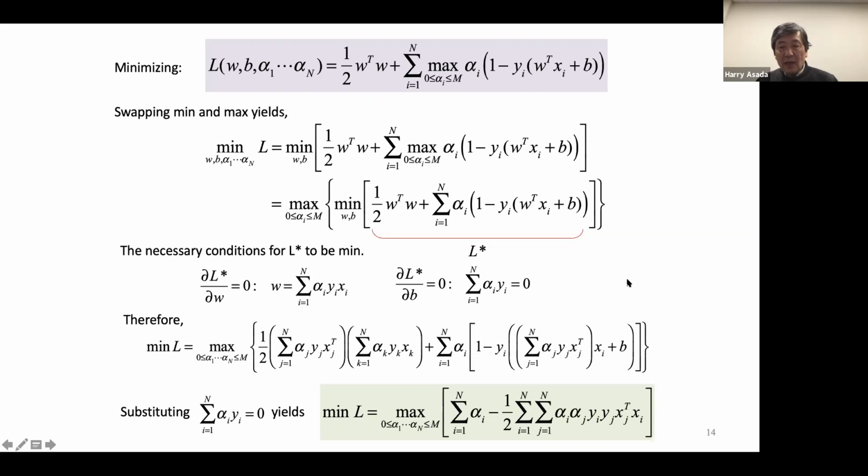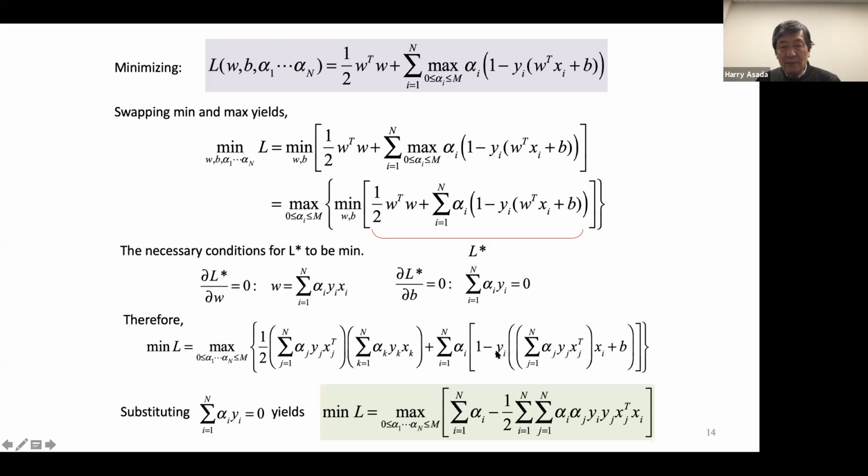Now, because of this condition, if you multiply alpha i, yi and b, you get actually 0. b is a constant, so you can factor it out. That term becomes 0, so we can get rid of it. The rest is the double summation part, and these double summation parts are basically the same.